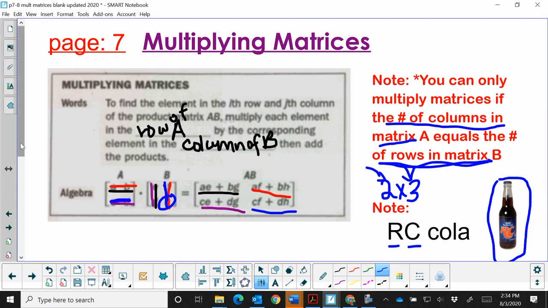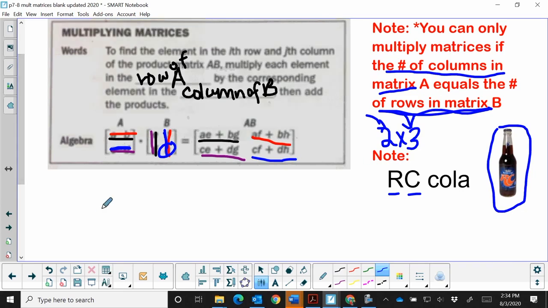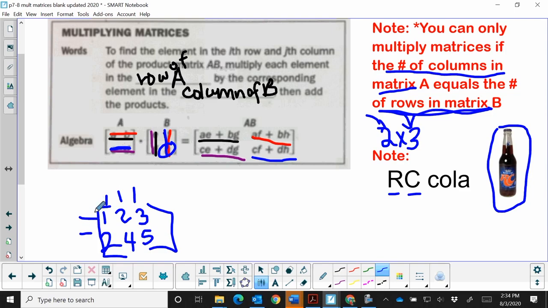So if I'm going to draw a 2 by 3 matrix, I've got 2 rows, 1, 2, by 3 columns, 1, 2, 3. So 3 columns and 2 rows, and it would look like this. And I'll just fill in 2 more numbers here, maybe 4 and 5. So that is a 2 row by 3 column matrix, just a reminder from the other day.